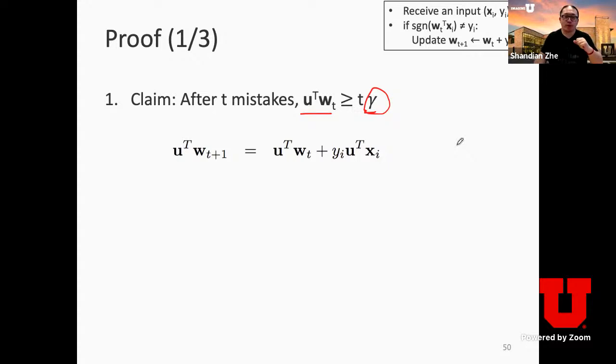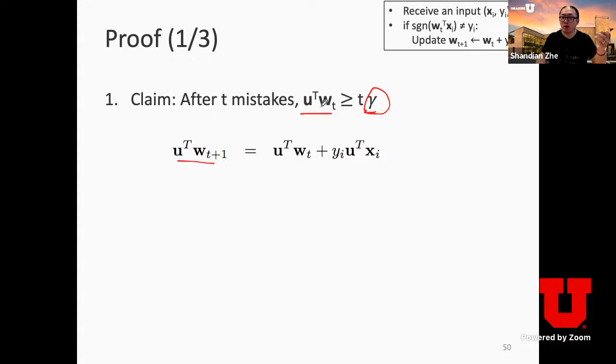So how do we show this? We use induction. So what is induction? Induction is just saying, suppose at step t, where we take the number of mistakes t as some step, we assume the conclusion is right. Now based on this conclusion, we show that when we move to step t plus 1, the conclusion is correct as well.